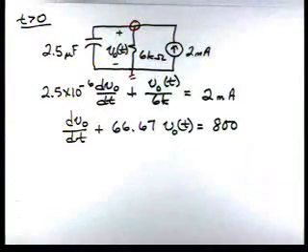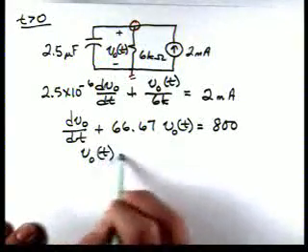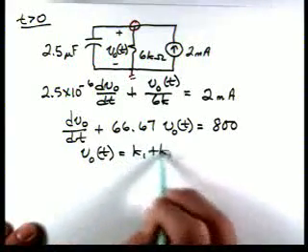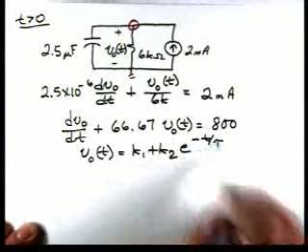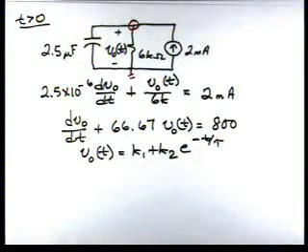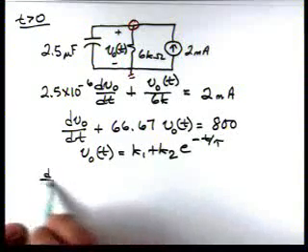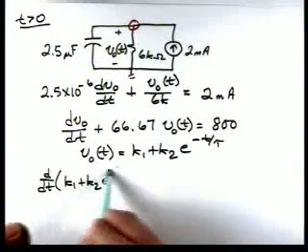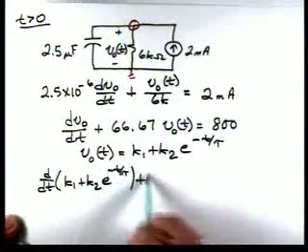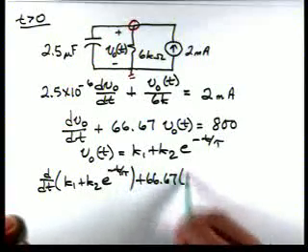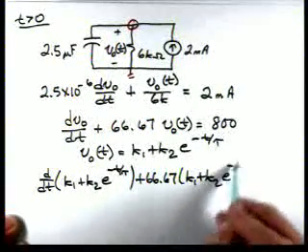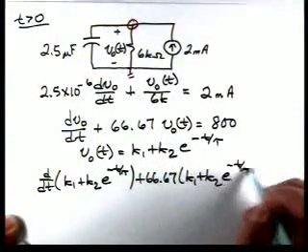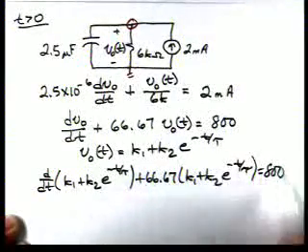So we went around there and cleaned up the terms. We know our solution is K1 plus K2 e to the minus t over tau. So now let's plug it in. Now we have the derivative of K1 plus K2 e to the minus t over tau, plus 66.67 times K1 plus K2 e to the minus t over tau, equal to 800.